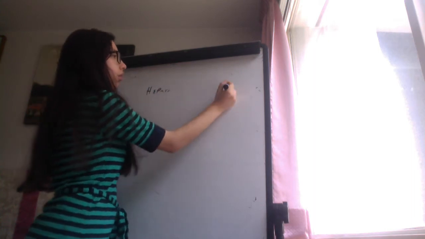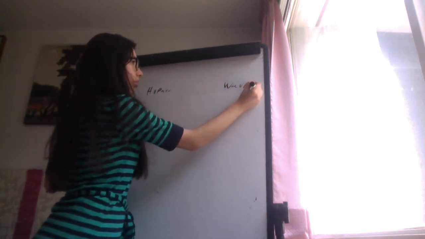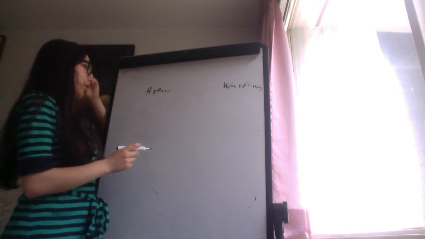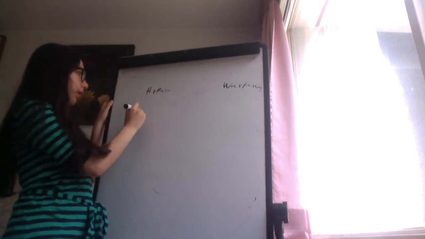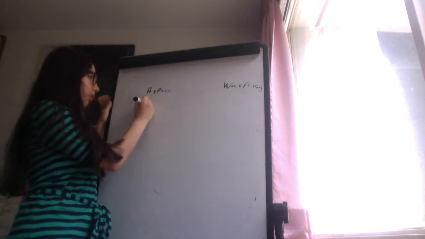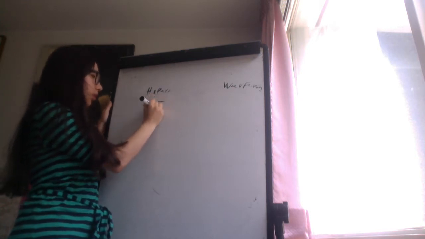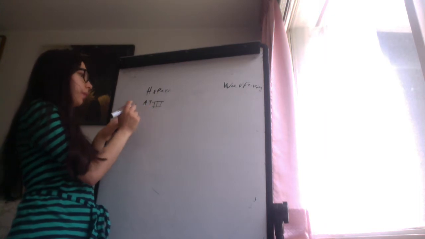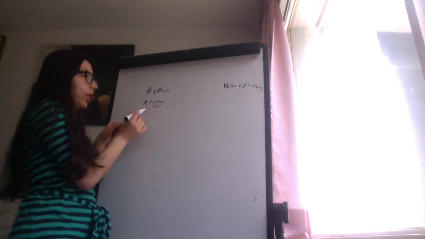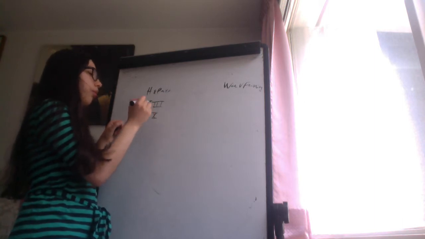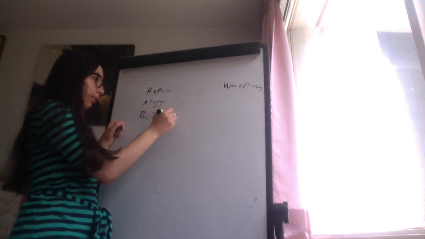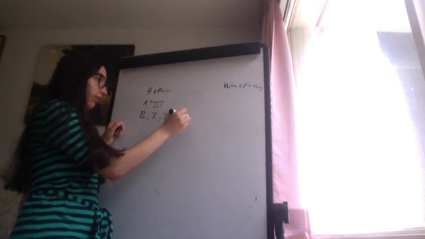We're going to see the difference between heparin and warfarin. So first, the mechanism of action: heparin will bind to antithrombin 3, and remember, antithrombin 3 inactivates factor 2, 10, but also factors 9, 11, and 12.